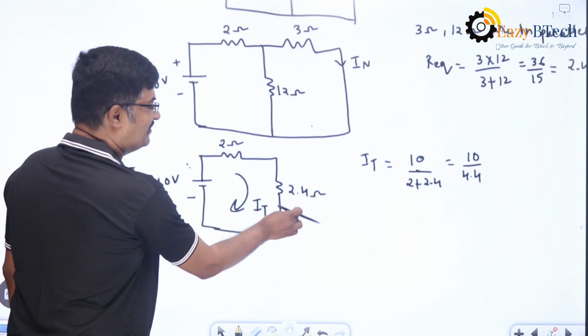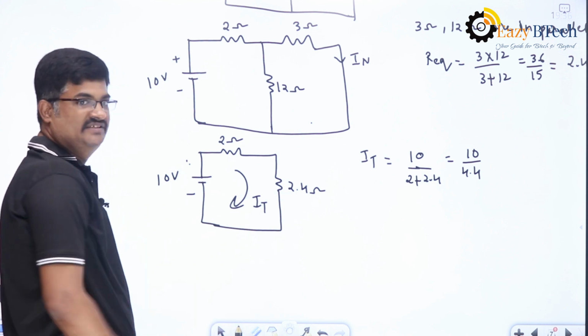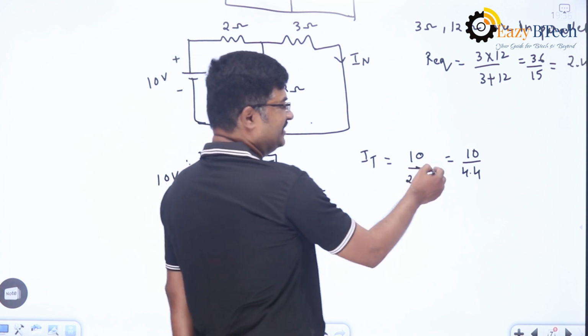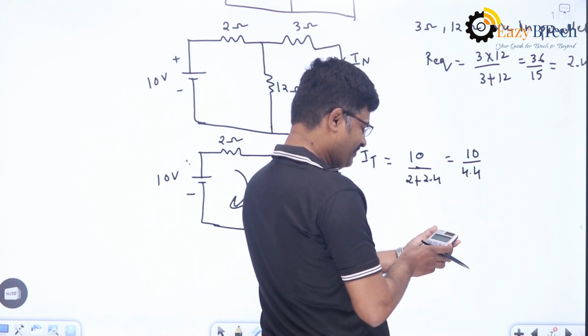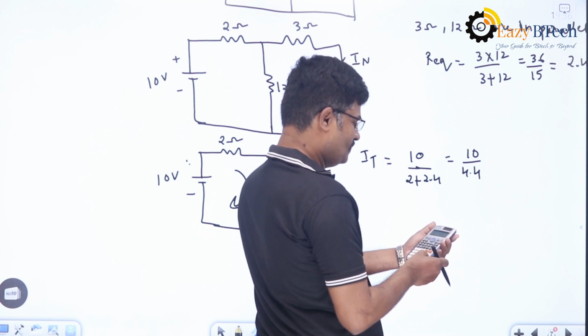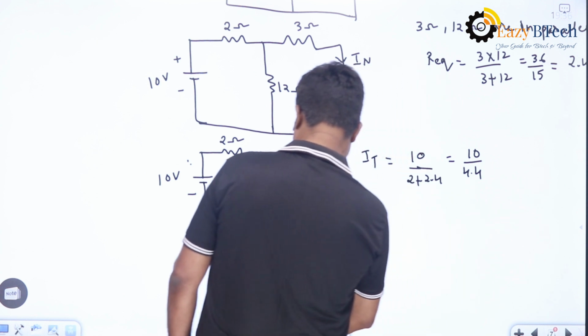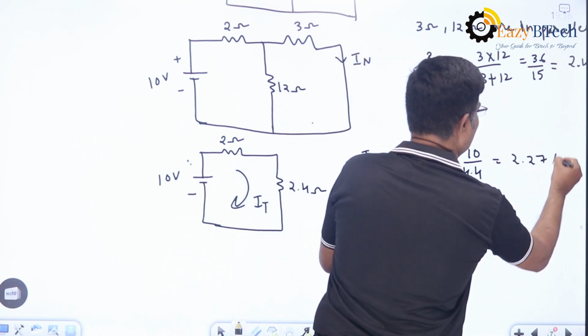Now, when I have further simplified, my circuit is 2 ohm and this is 2.4 ohm and this is equal to 10 volts. When I am calculating the total current I total, I total is equal to 10 by 4.4, which is 2.27 amperes.